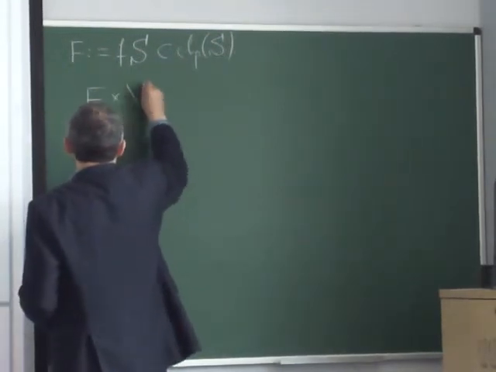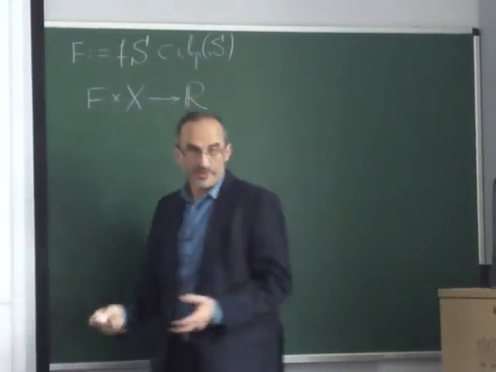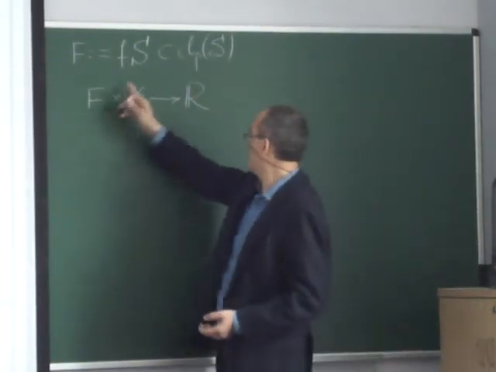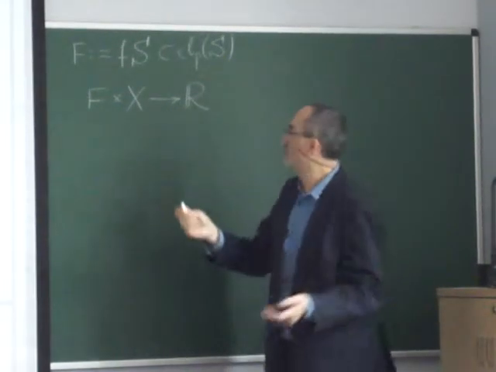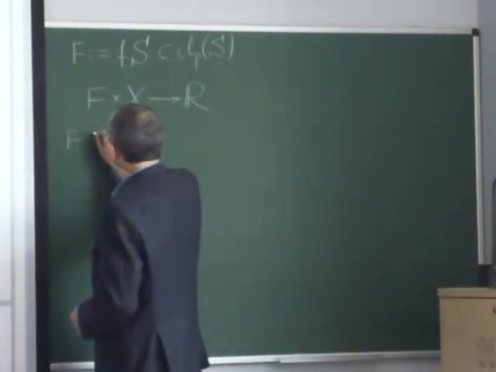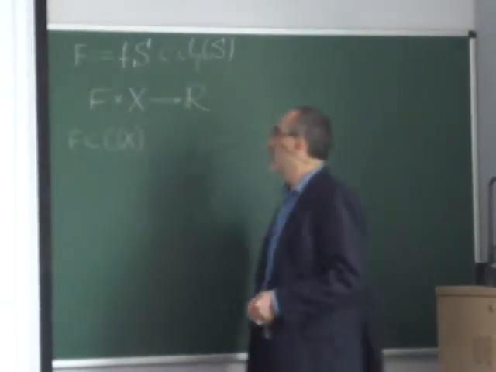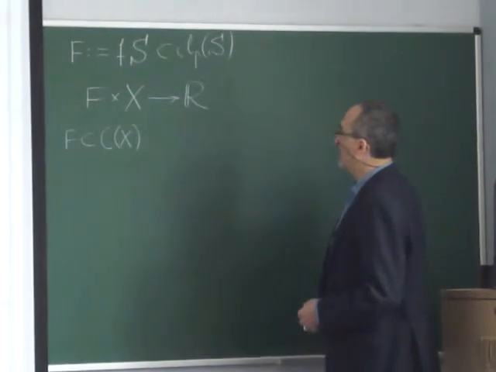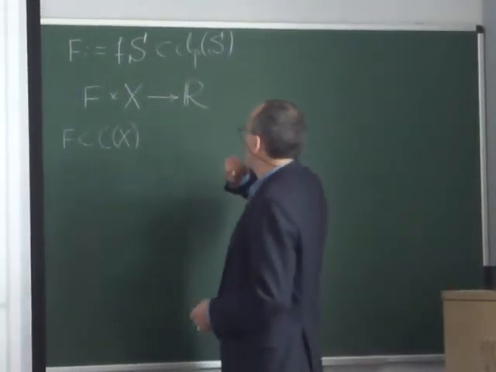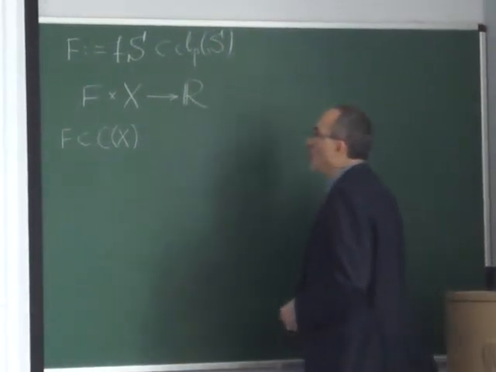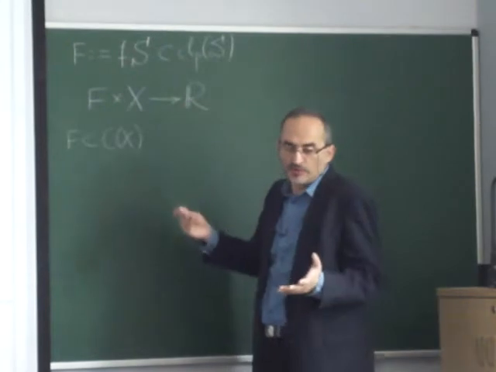also in our theory. We have some theory because F is a part of, after all, it's a part of some functions. It's a bounded part of C of X. And we need to understand how small F is and what is small.